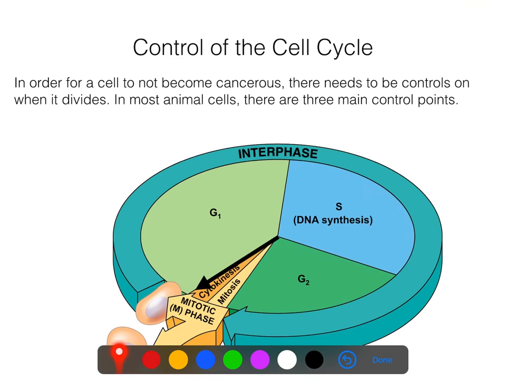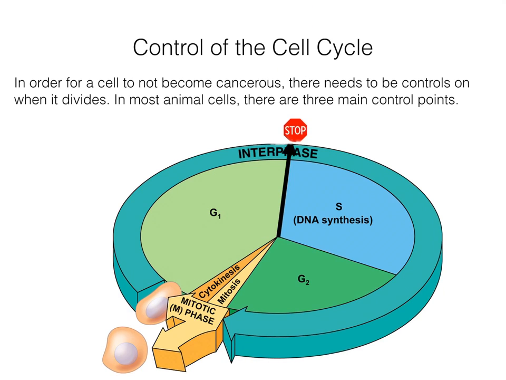So let's start here. We're going to start imagining a freshly divided cell, right? So this is a cell that just came out of mitosis, a brand new cell. We know that the first phase is going to be G1 of interphase, which stands for gap 1 or growth 1, depending upon how you want to look at it.